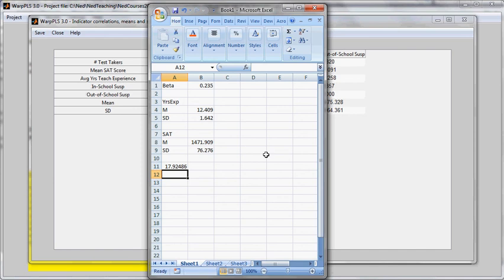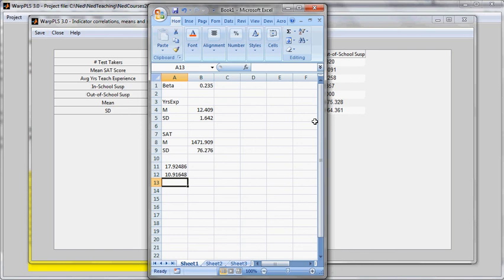And I can play with this number to give different results. For example, for each additional year of teacher experience, if I divide this number by this, I would have an increase in SAT scores of 10.91 points.